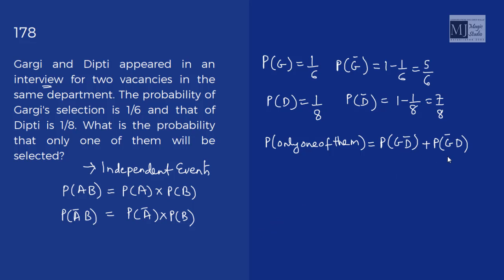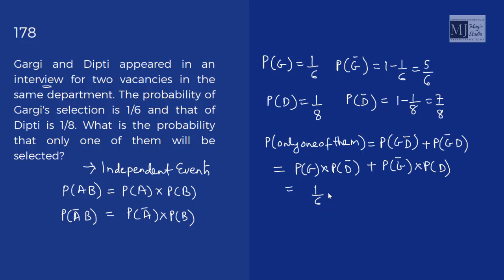Both should go hand in hand, and we call it OR. That's why I put a mathematical addition sign in the middle. Since G and D both are independent events, this is P(G) into P(D) complement plus P(G) complement into P(D).